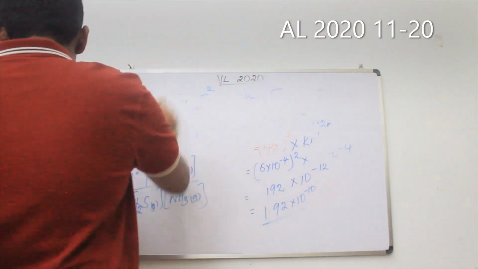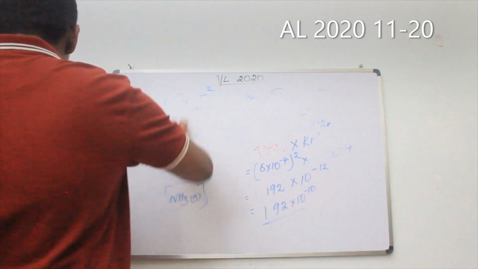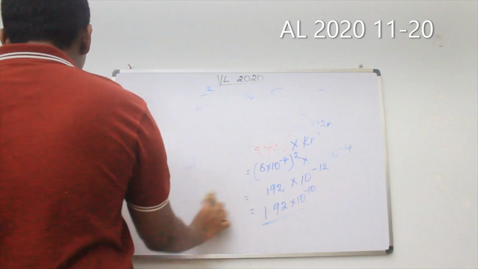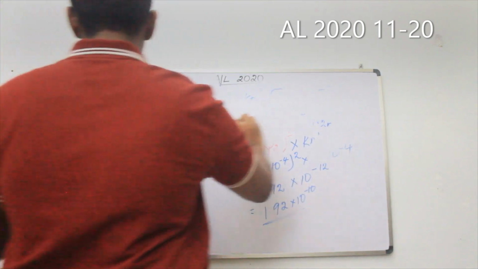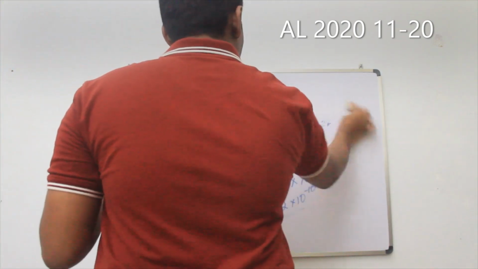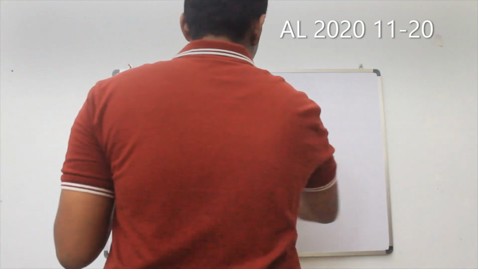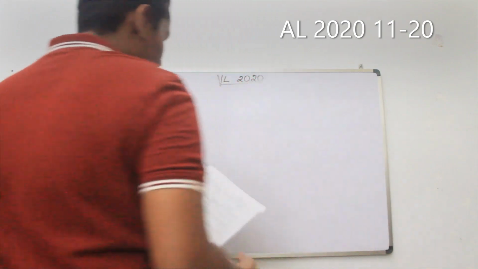16th one. Consider the nitration reaction of bromobenzene. Resonance stabilized carbocation intermediates are formed during this reaction. Which of the following is not a resonance structure of these intermediates? Okay. So what are we doing?